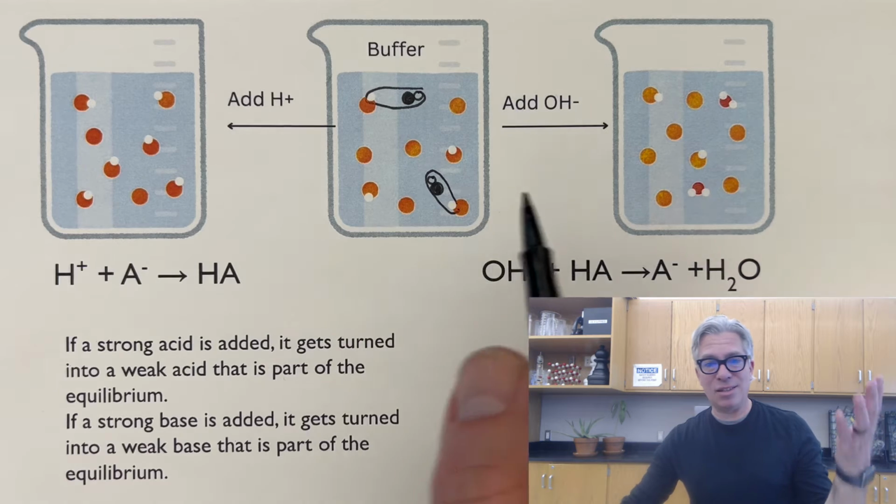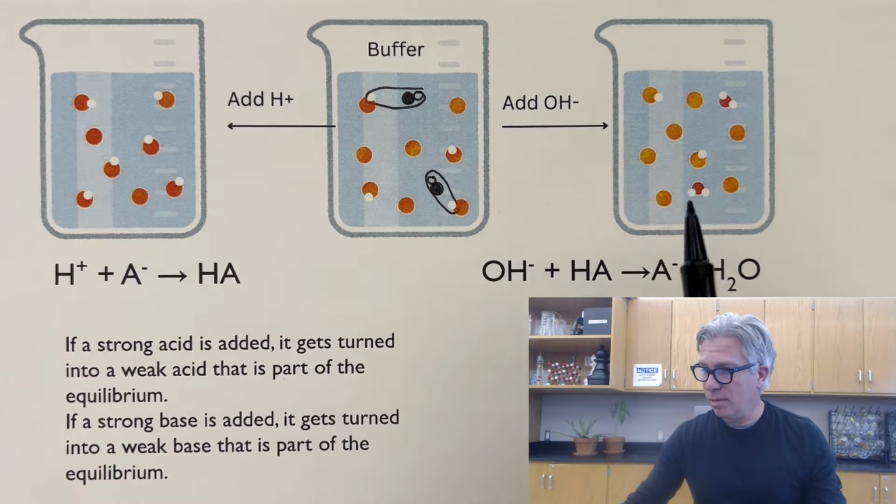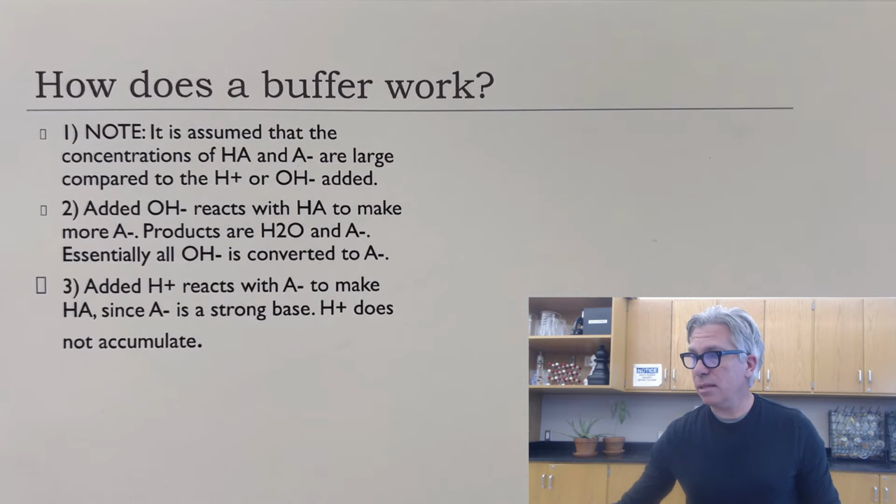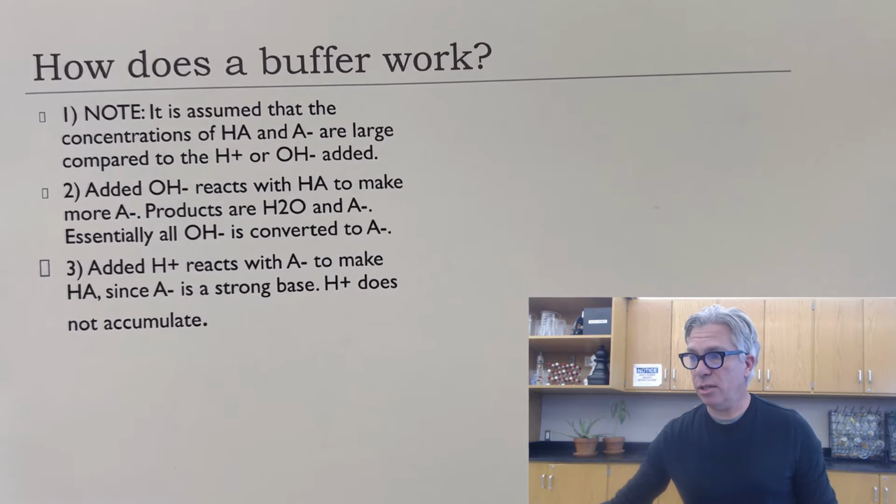So effectively taking the strong base and neutralizing it, it becomes water and a little bit more of the weak base anion. So in doing both of those things, reacting to whatever you put into it, if you put in acid, it'll react with the base. If you put in base, it'll react with the acid. And in so doing, it effectively limits the amount that the pH will actually change.